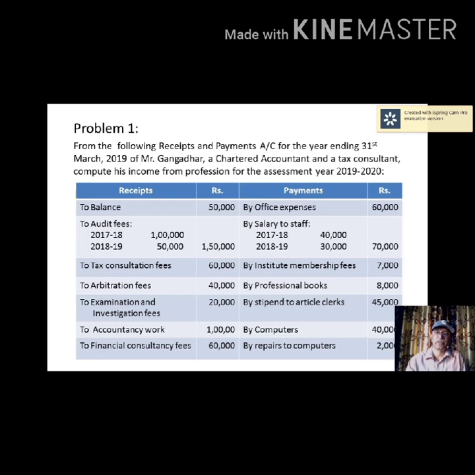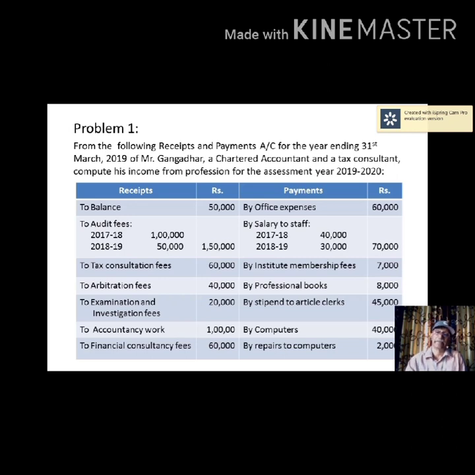Similarly, institute membership fees 7,000, that is an item of professional expense. Professional books, actually that is not an item of professional expense. That's not allowed. But then depreciation on books is allowed. So depreciation at the rate of 40% should be calculated on that.